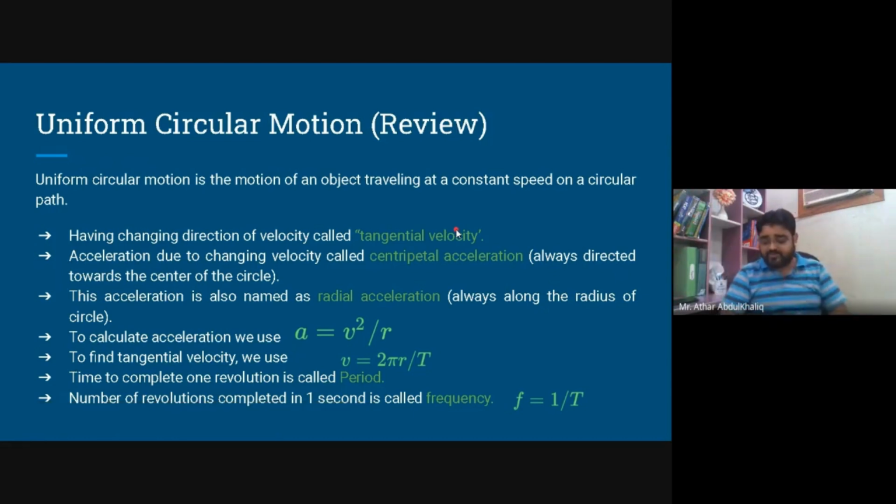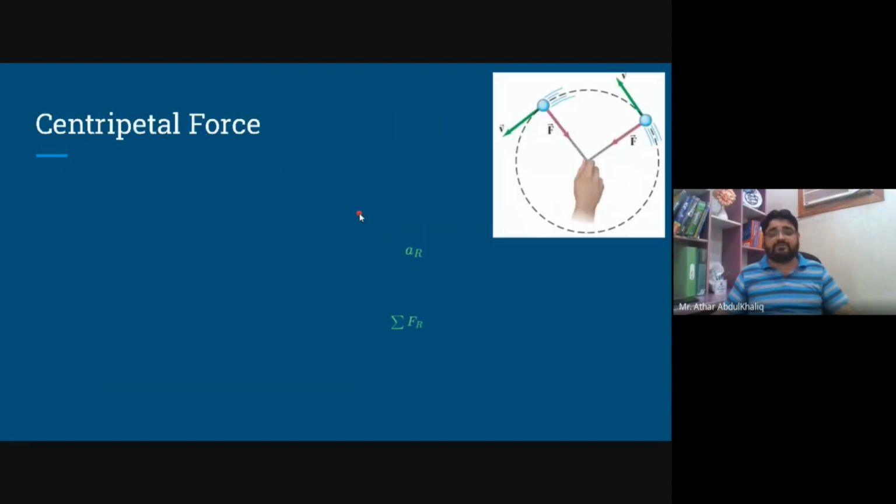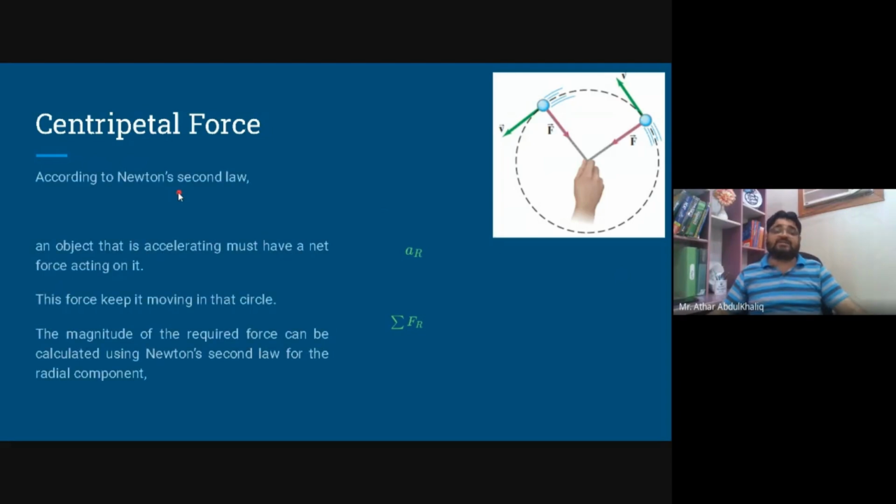Now, in topic 5.1, we said that this is the object that is moving in a circular path. It is changing its direction of velocity, so acceleration is there. So whenever acceleration is there, it means there is always a force associated with that acceleration.